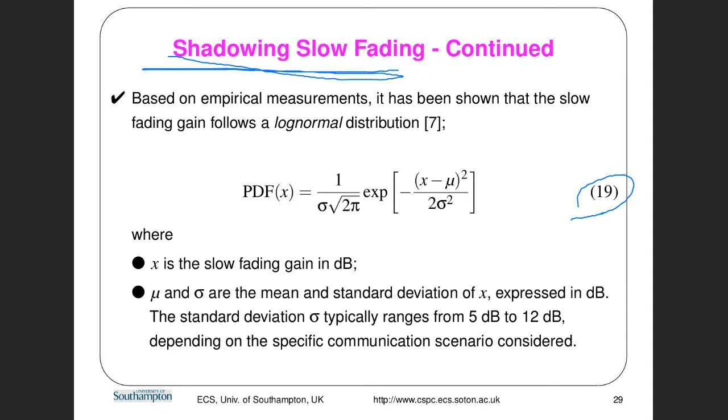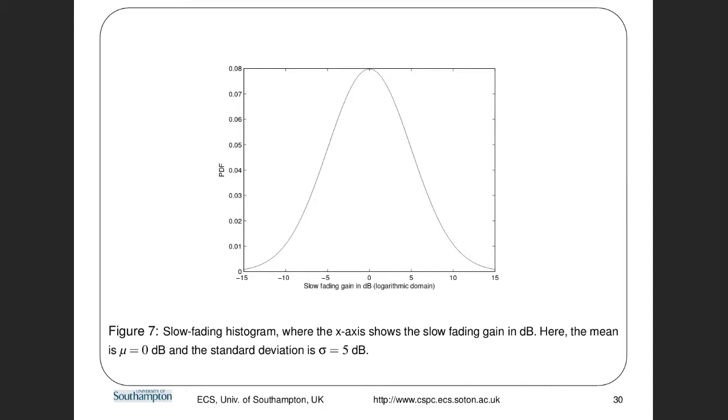So actually the reason is the x-axis is in decibel. So the distribution itself is a Gaussian distribution. If we look at the PDF here, the x-axis is in decibel.